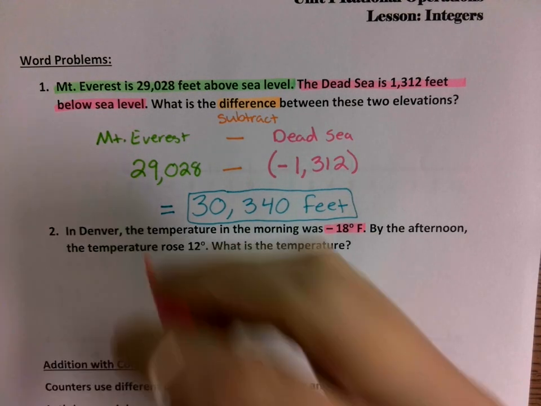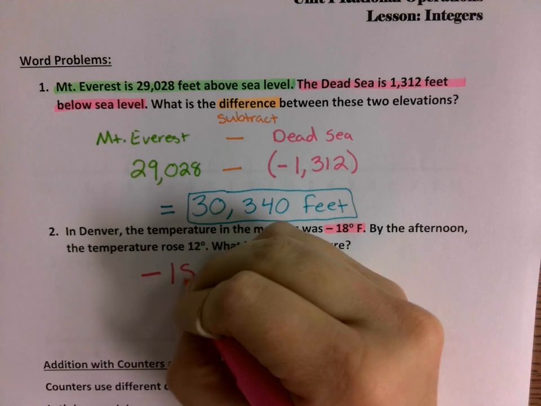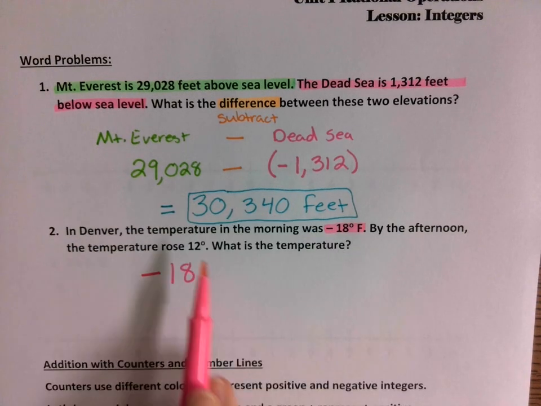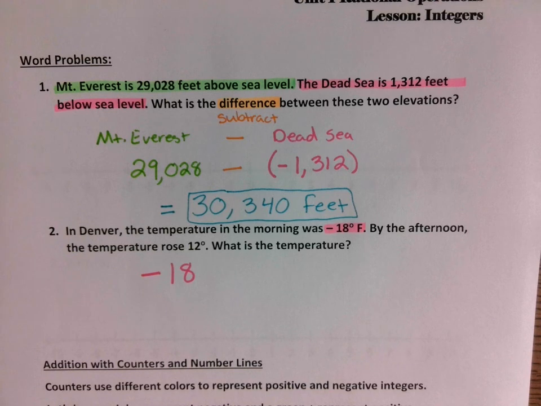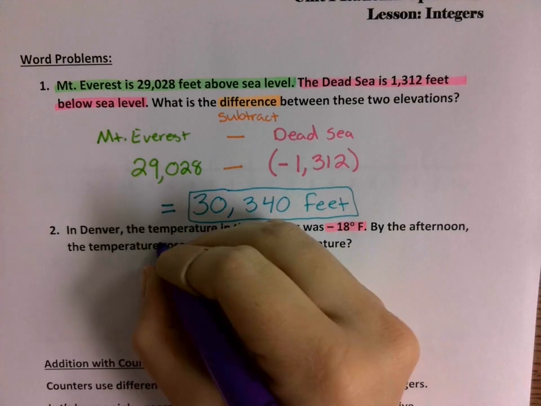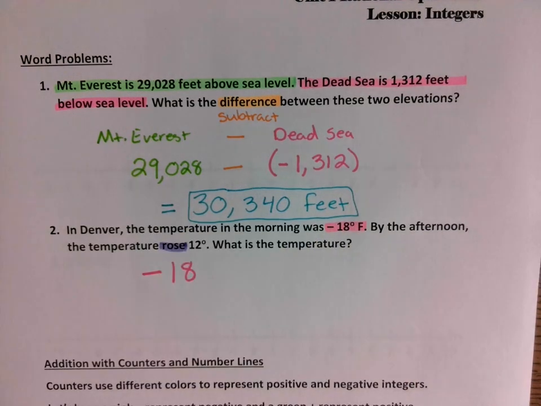Now it rose 12 degrees. Rose. What do you think I'm going to do? Am I going to add or subtract? Add. And is 12 positive or negative? Positive. So it rose 12 degrees. So that's my positive, or my addition. I'm going to add. And 12 is a positive value.